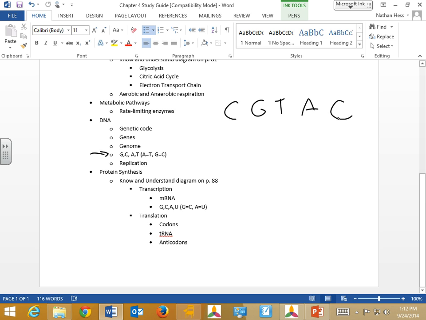Can you pair these guys up? What's going to go with the C? A G. What's going to go with this? Are you with me? So you could do that pretty simply, right?